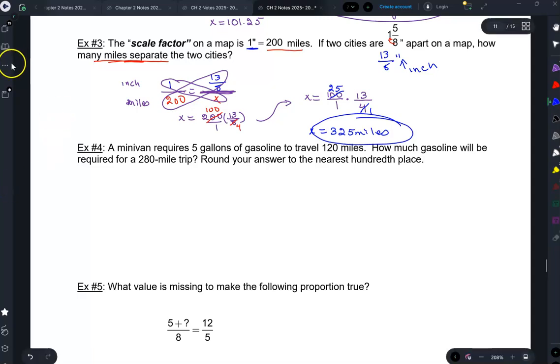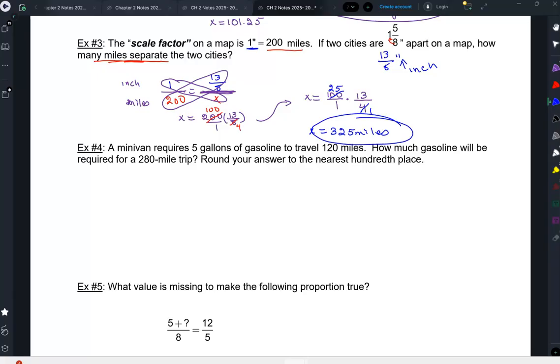Here we go. Let's take a look at the next one. A minivan requires 5 gallons of gasoline to travel 120 miles. Do you see how I'm highlighting the gasoline and the miles, right? They're separate quantities. So now, look at this one.